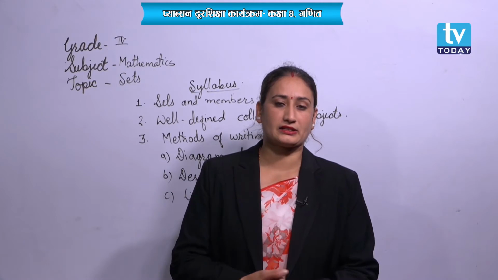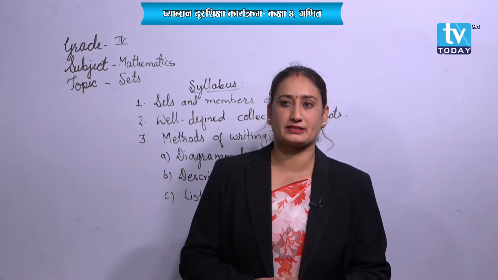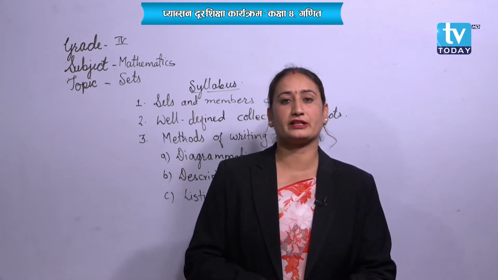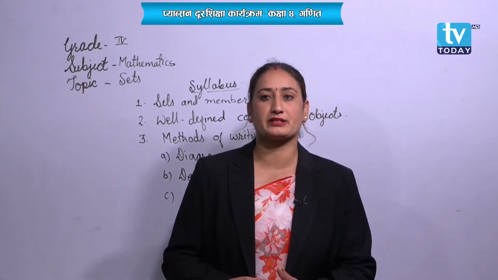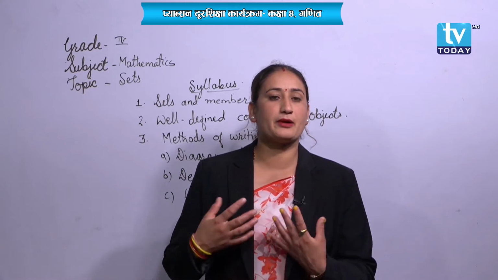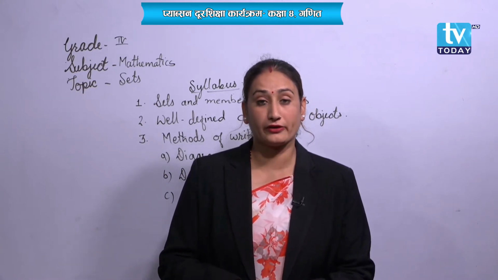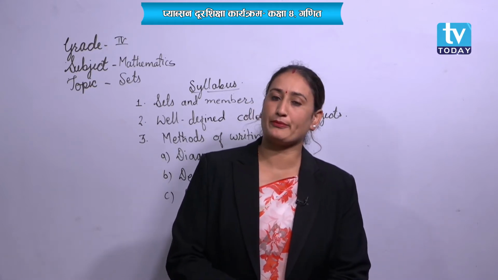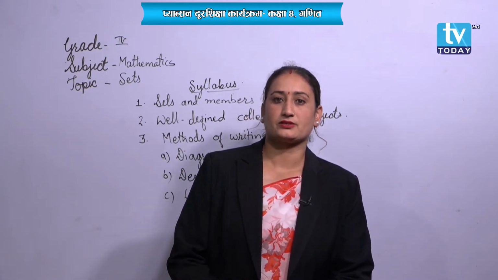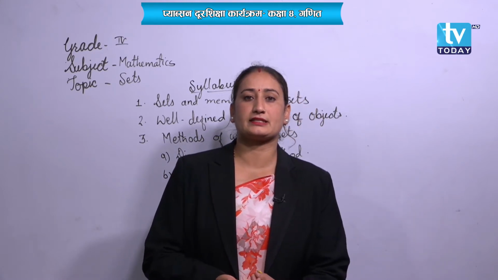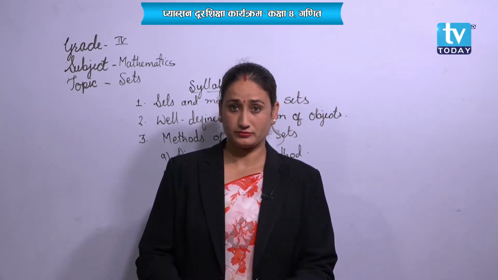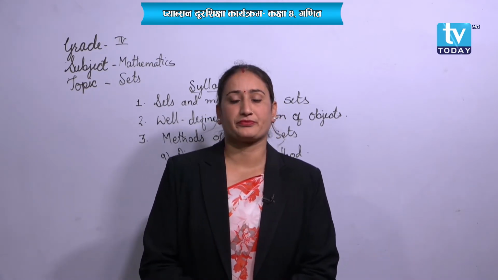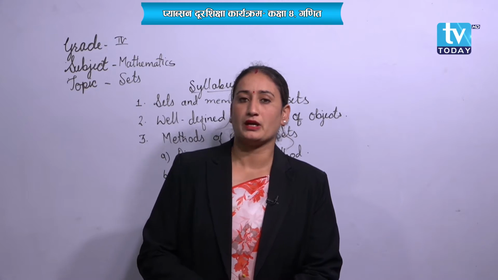Just like that, while you are learning numbers, you can see different numbers: 1, 2, 3. Some of them are odd, some are even, some are prime, some are composite, right? So, it is a collection of numbers in different groups.